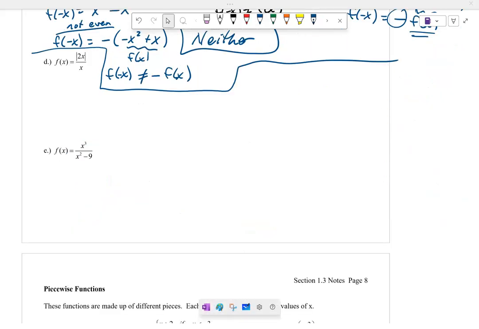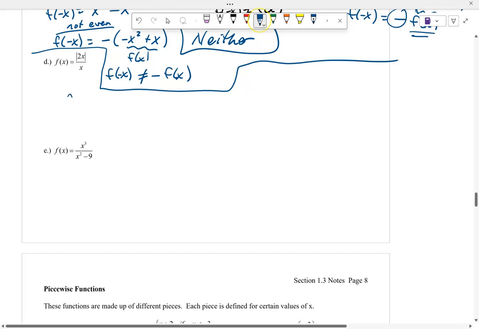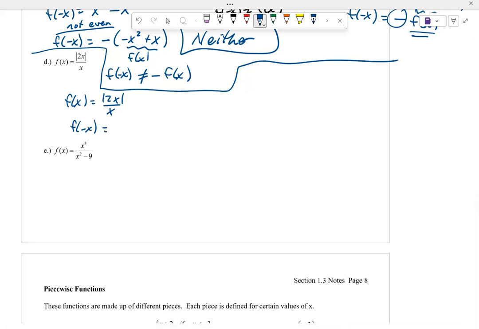All right, let's test this next one. We've got f of x equals the absolute value of 2x all over x. If I plug in negative x, I get 2 times negative x over negative x. So f of negative x is the absolute value of negative 2x over negative x.